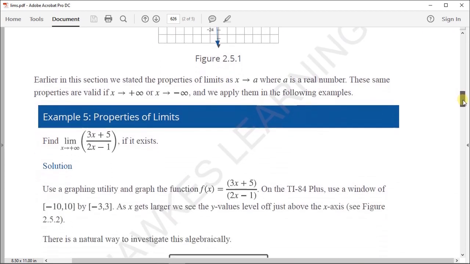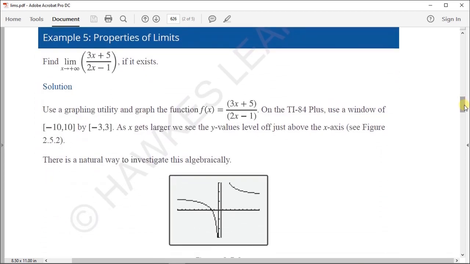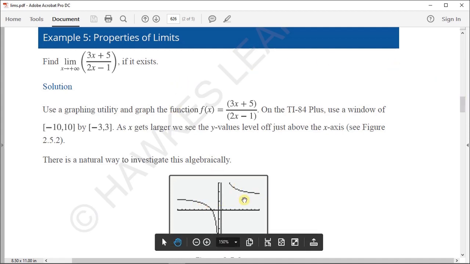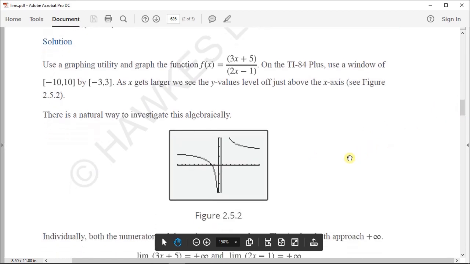Okay. Now let's apply that to something bigger. Instead of a simple function 1 over x, what if we had the limit as x approaches infinity of (3x plus 5) over (2x minus 1)? Now they've used a graphing utility here to get a rough graph, and they've shown a rough graph there on the screen. Not a very good graph, but it would be a graph like you'd see on a graphing calculator.